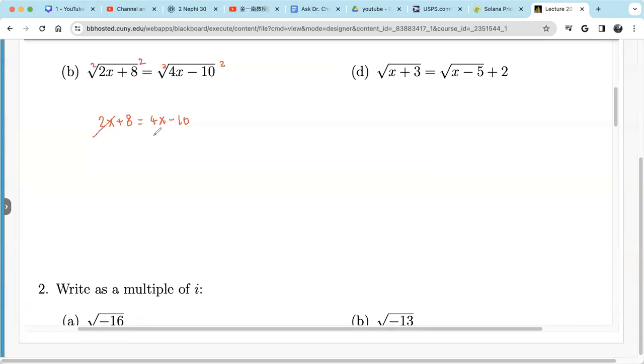Subtract 2x on both sides, we get 2x. Then plus 10 on both sides, we get 18. Divide by 2 on both sides. x equals 9. 2 times 9 is 18, 18 plus 8 is 26, so we get the square root of 26 on the left-hand side. 4 times 9 is 36, 36 minus 10 is 26, the square root of 26 on the right-hand side. So 9 is the solution.